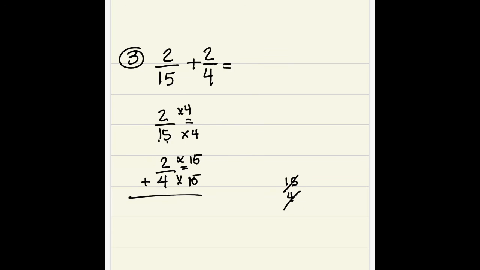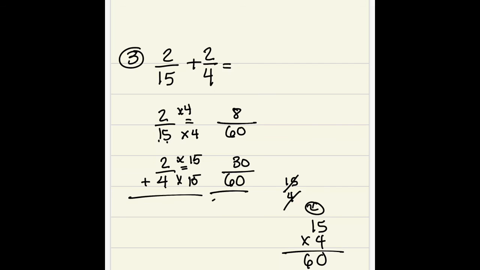Because that's going to essentially give me a common denominator. 15 times 4 is 60. So now I have a common denominator. 2 times 4 is 8, and 2 times 15 is 30. So that's 38/60ths. Now, of course, I can divide this and this by 2.